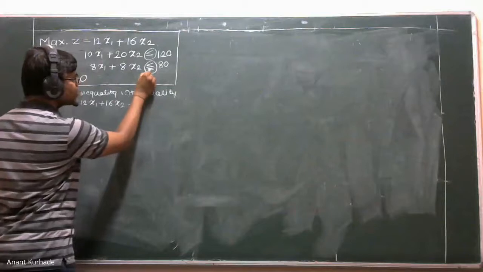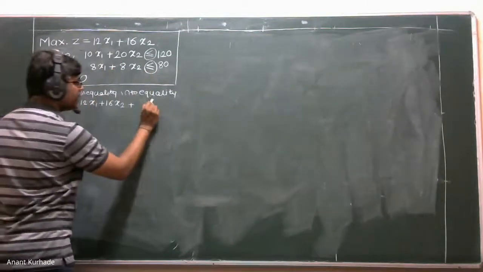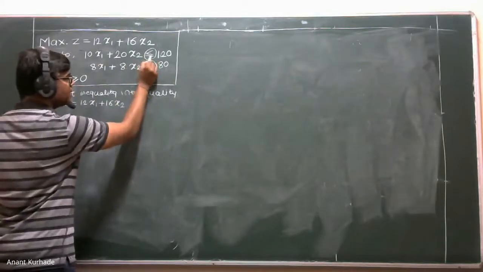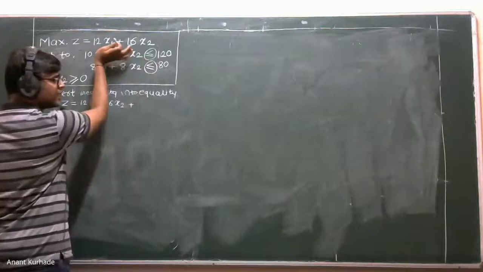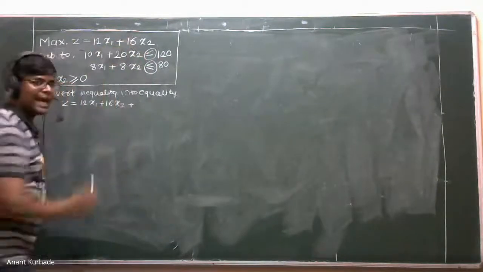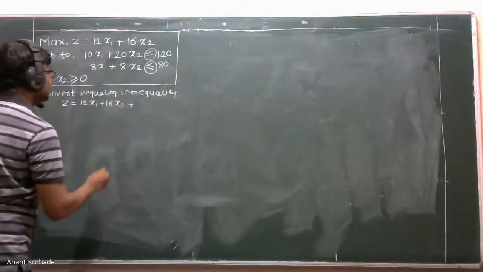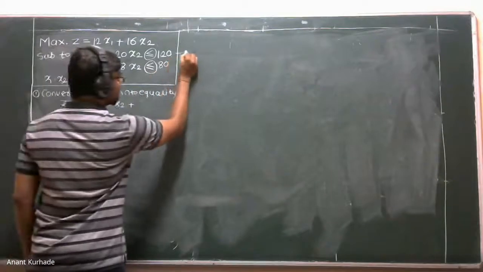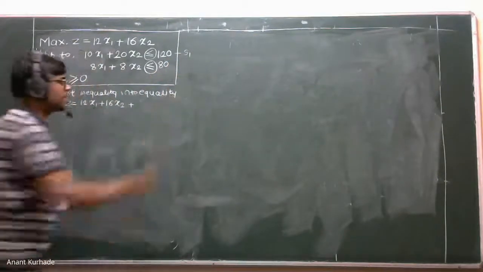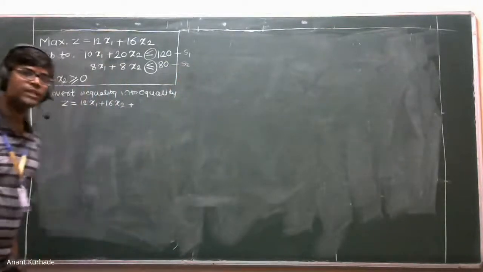To convert a given constraint into equality form, you have to put equal to, but initially it is less than, so the left side has a lower value than the right side. So it is required to add some value on the left side. We consider that as a slack variable S1, and for the second constraint we consider slack variable S2.